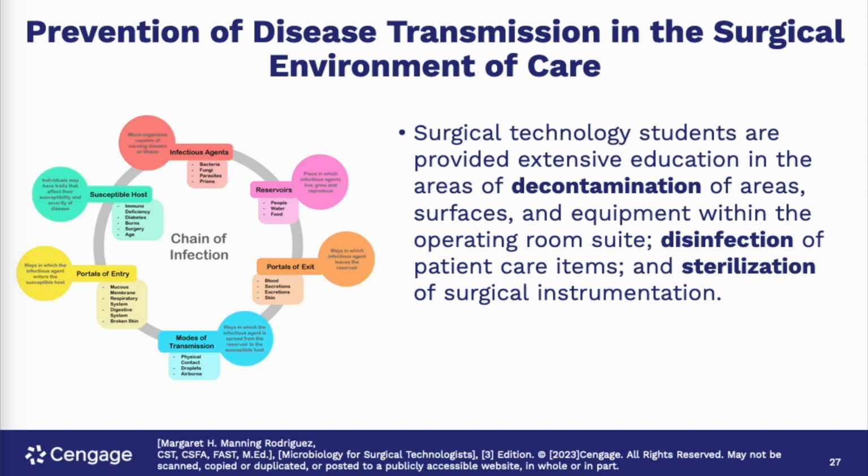In environmental controls, the operating room suite is designed to reduce the risk of cross-contamination. How? Well, we create clear traffic patterns and zoning to control the movement of personnel, patients, and supplies. Airflow systems with 15 to 20 air exchanges per hour.